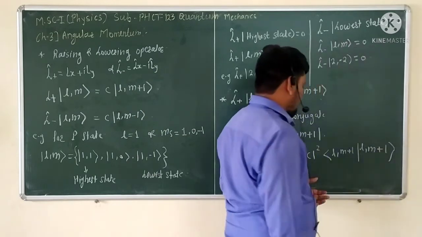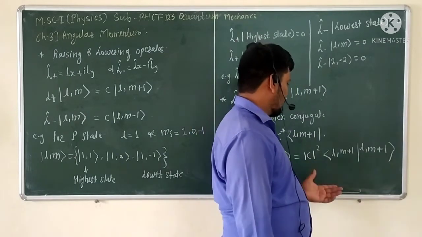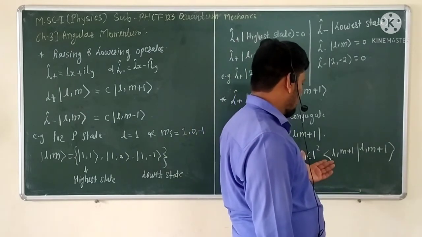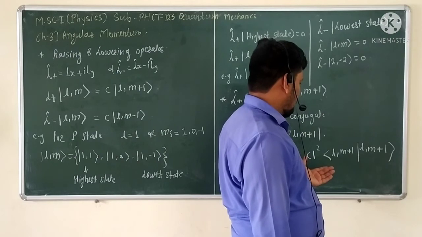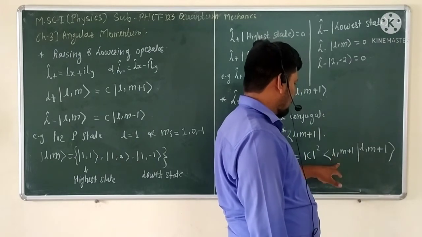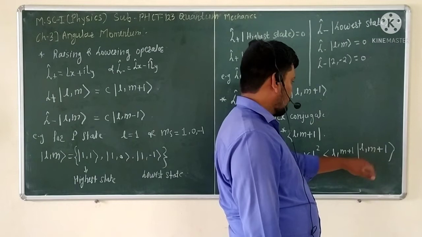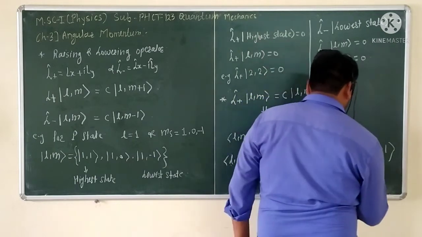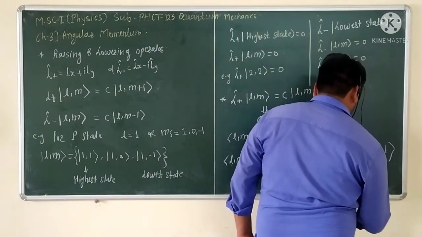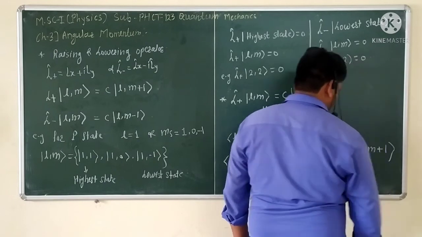Okay, and you know that this is mutually perpendicular, the orthogonal condition, so L comma m plus 1 with L comma m plus 1 is nothing but 1.